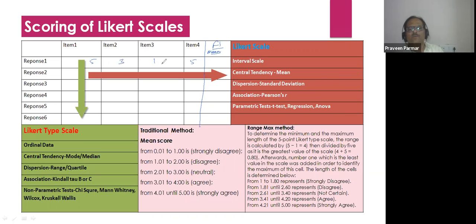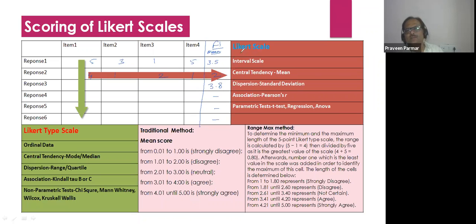So it is 14 divided by 4, 3.5 something. Similarly, I will get some other. 5 and 3, 8, I am getting 2. In this way, I am getting 3.8 and whatever values I am getting.